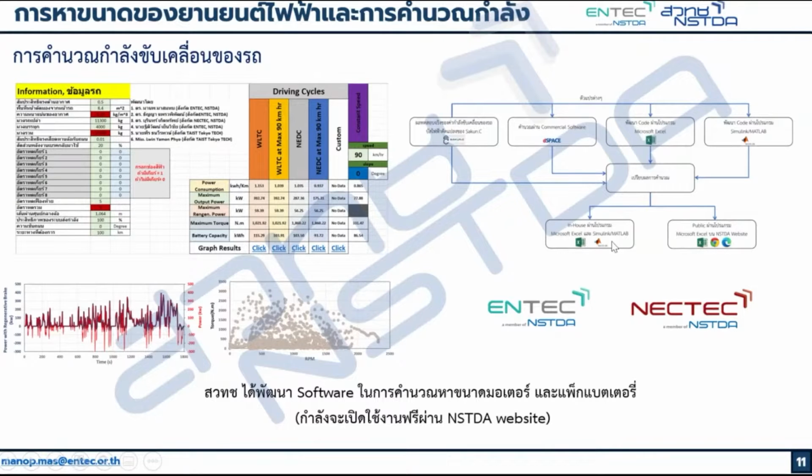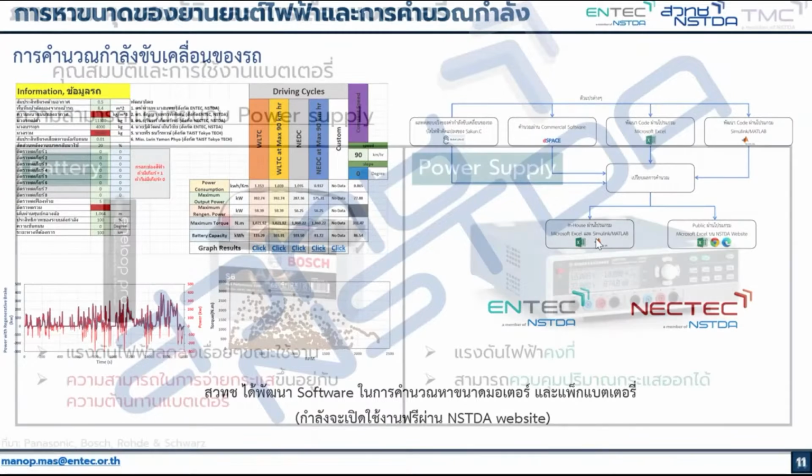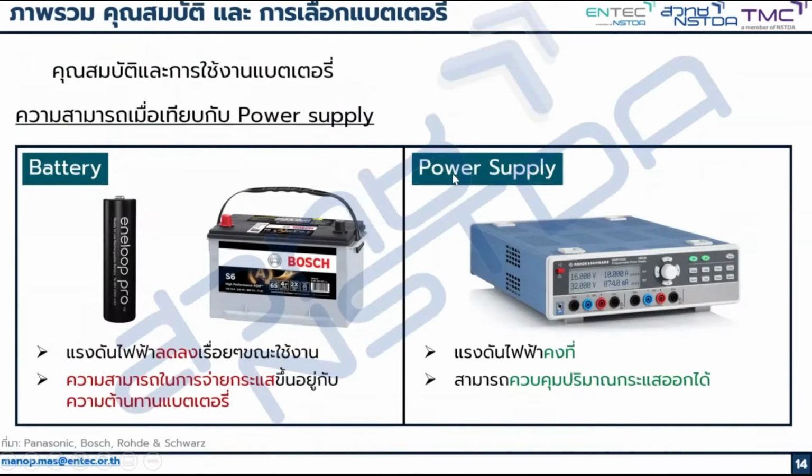Now we will look at the benefits of the power supply. Here are the differences between the battery and the power supply. The power supply is at 12 volt.